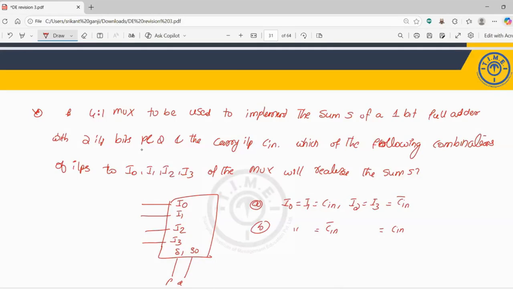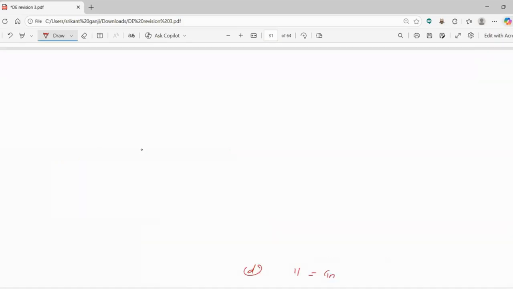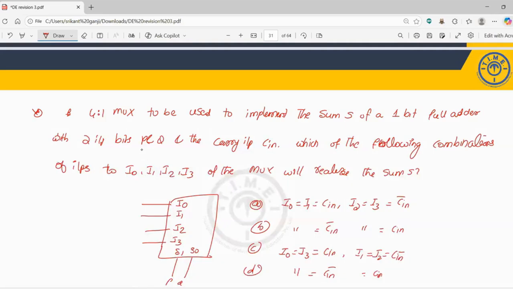Here C option is given as where I0 is equal to I3 is equal to C input and I1 is equal to I2 is equal to C input bar. The D option here it is C input bar and here it is C input.